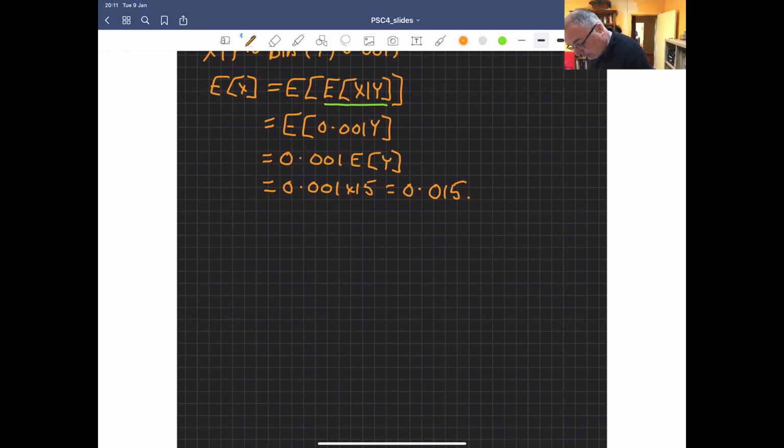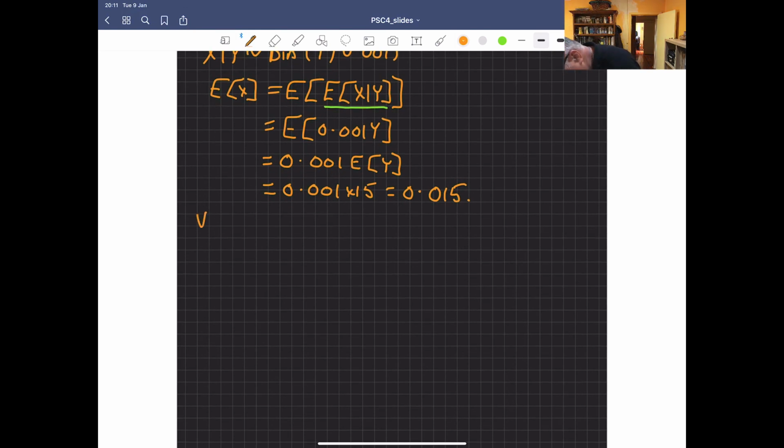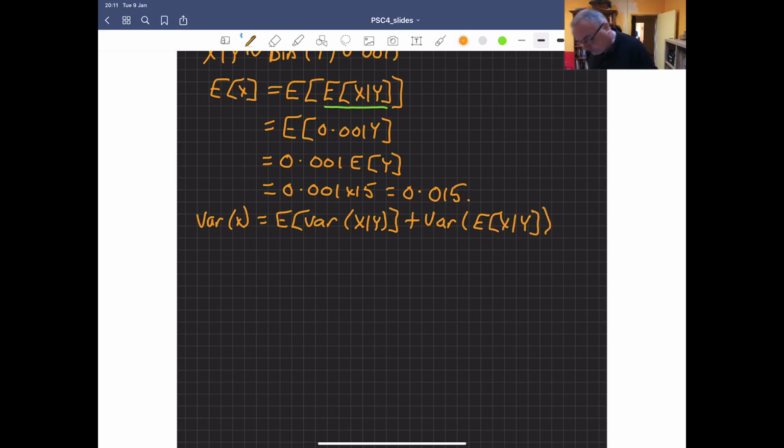What about the variance? Well, the variance of x is going to be the expected value of the variance of x given y, plus the variance of the expected value of x given y. Well, again, if we look at this, this is saying if I gave you a fixed value of y, how would you work out the variance of a binomial?